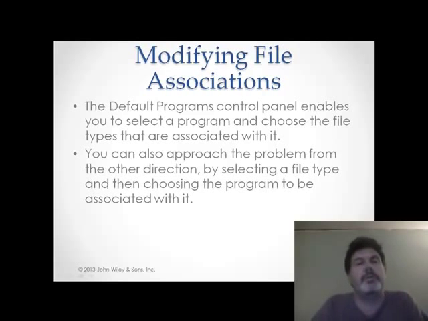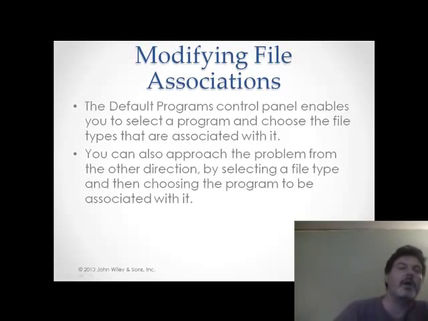So there are two methods to think about this. We can either create file associations by choosing a program through the Default Programs Control Panel, selecting a program, and then choosing the file types that you want to associate with it. The other way that we can look at this is by selecting a file type and then choosing the program to be associated with it like we did in the previous versions of Windows.